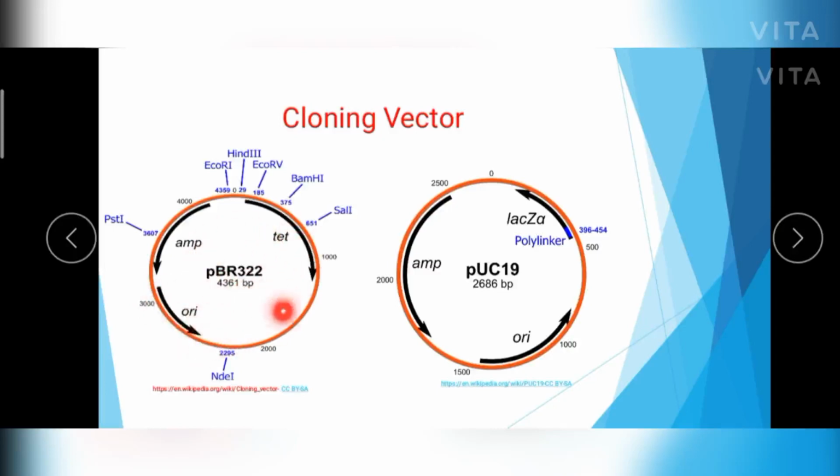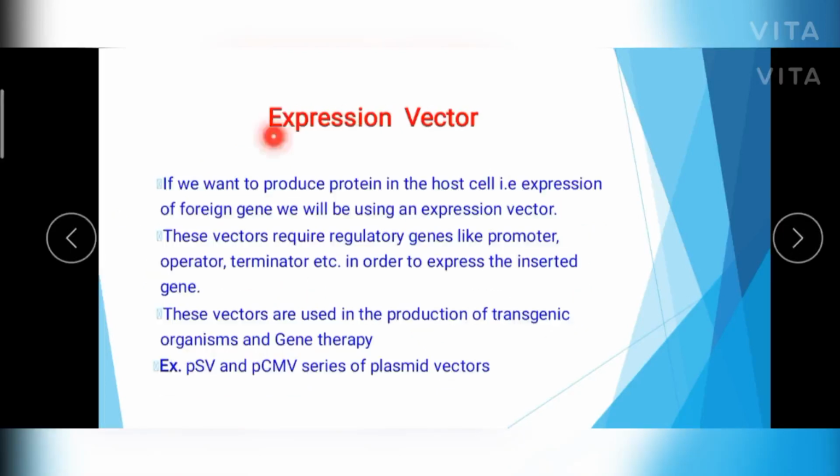In this manner, the cloning vector contains all the essential genes, and in this polylinker site you cut the DNA and insert the desired gene, and this gene will be multiplied in many copies due to the relaxed replicon. Then coming to the second type, the expression vector.